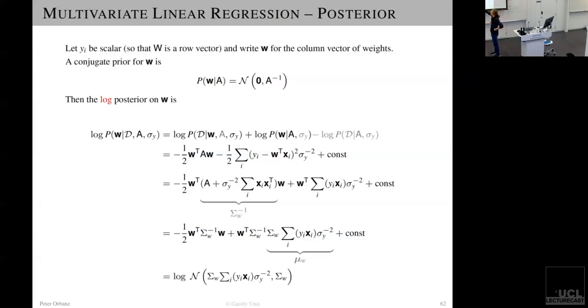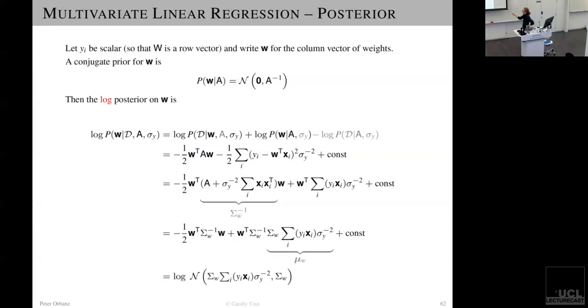So then we take the log of this Gaussian, the log of this Gaussian, and we get the quadratic forms that are in the exponent of the Gaussians, plus some constant depending on the variances of these Gaussians. And then we rewrite that a little bit. We just collect terms here, into this matrix here.